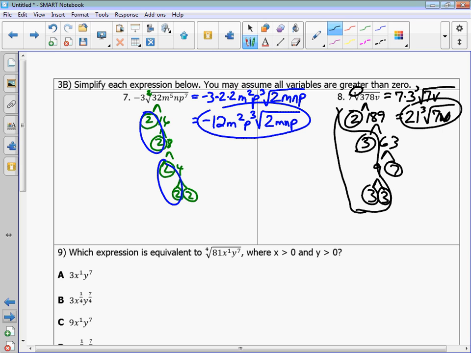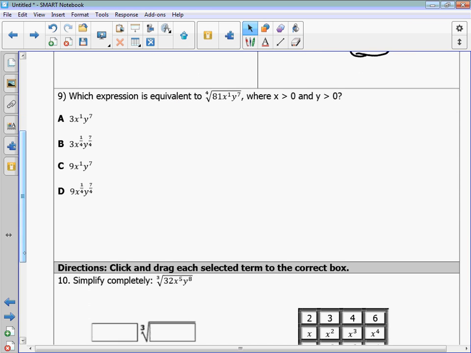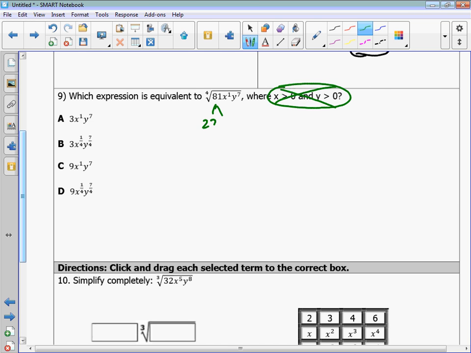Number 9, just need to write the equivalent, where a is greater than 0 and y is greater than 0. You see this? That's just math notation that needs to be written there. It really doesn't mean anything for you, just that it cannot be negative numbers, so you can kind of just disregard that. Break it down. 27 and 3 is 81. 3 times 9, 3 times 3.